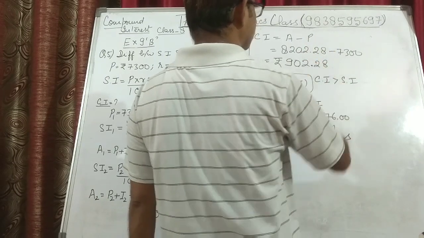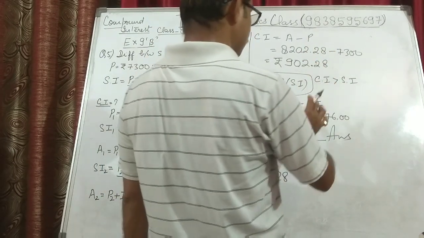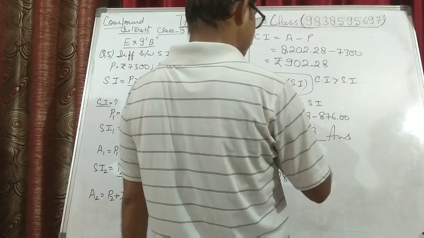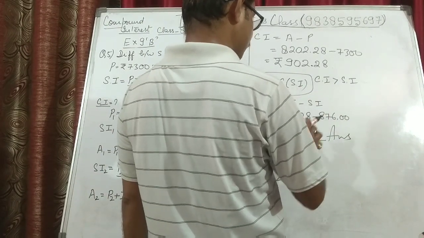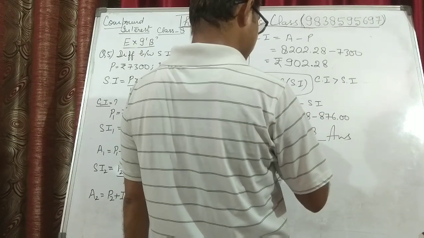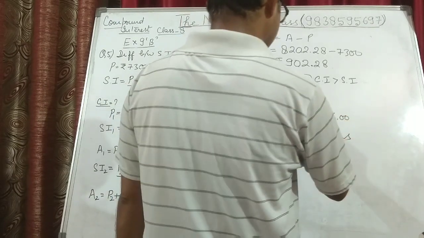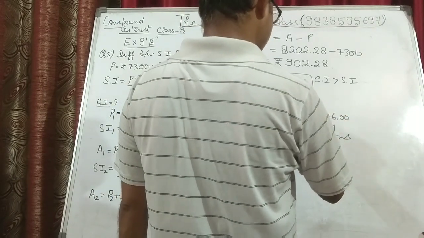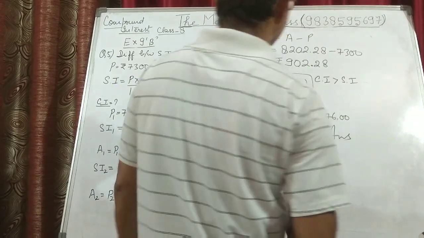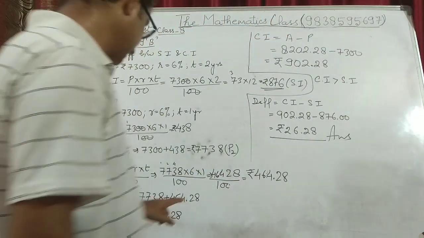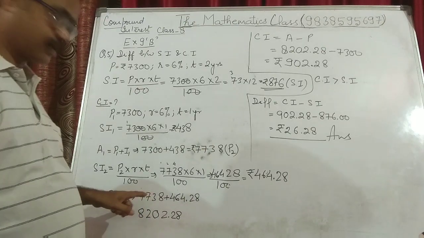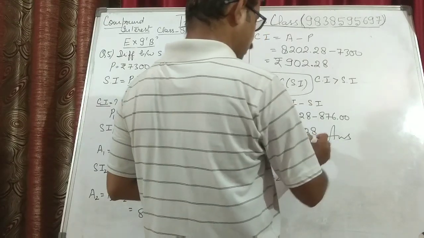Here it will be 0 and the rest will be same. So here also it will be 0 and the answer will be 26. Let me check. 6 and 6, 12. So it is all right.